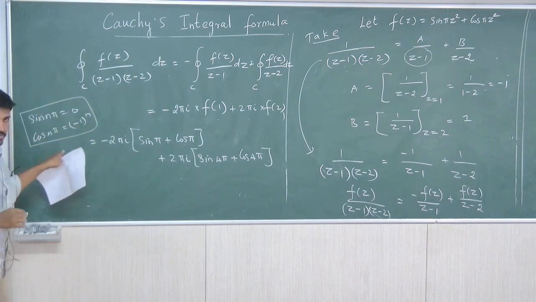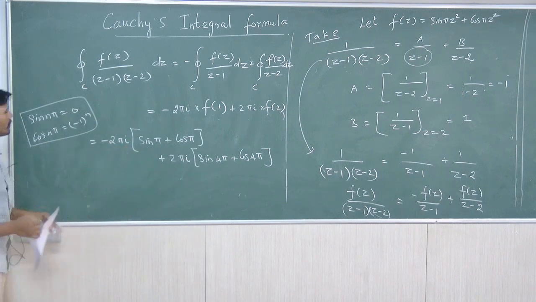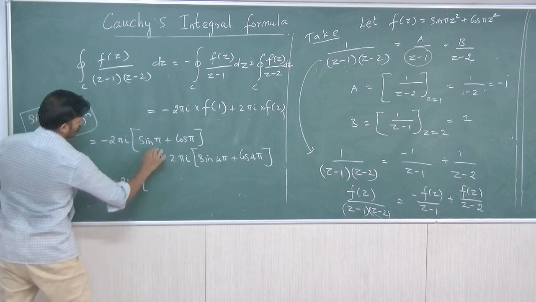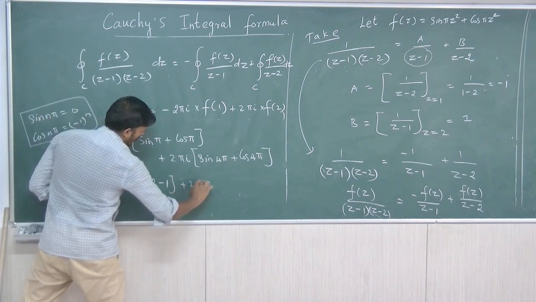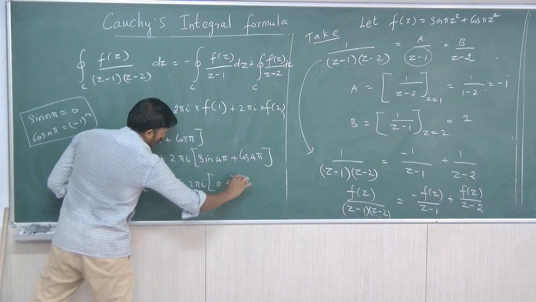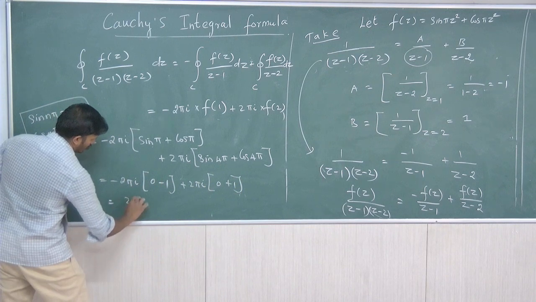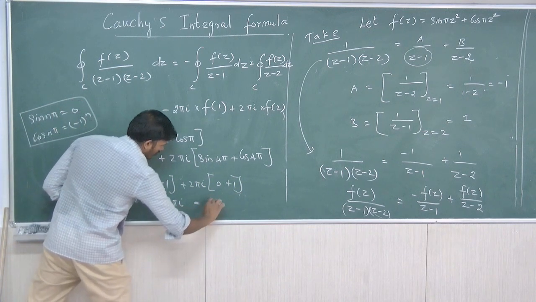Try to use this formula here. So from that you may get minus 2 pi i times (0 minus 1) plus 2 pi i times (0 plus 1). So if you multiply, you may get 2 pi i plus 2 pi i equal to 4 pi i.